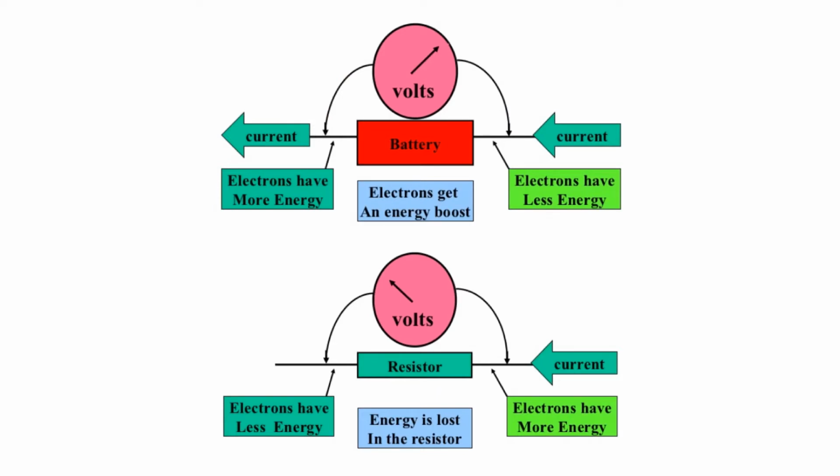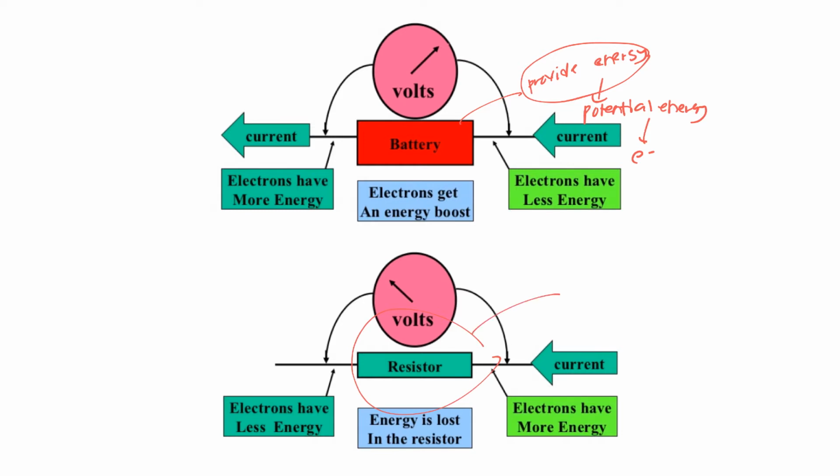Here is the difference between a battery and a resistor. A battery basically provides energy. Like I mentioned before, a battery provides potential difference. That potential difference gives potential energy to the charge, which is the electron, to flow. But the function of a resistor here is to limit the current flow.